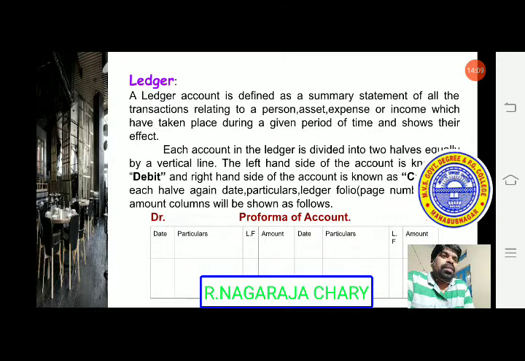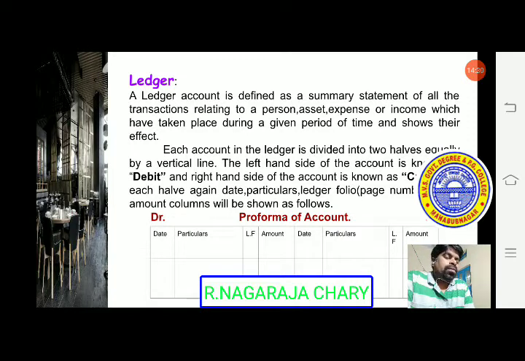A ledger is nothing but a bunch of accounts. An account is a summary of a particular transaction, a summary of a particular aspect. That particular aspect may be a person, an asset, an expense, or an income.